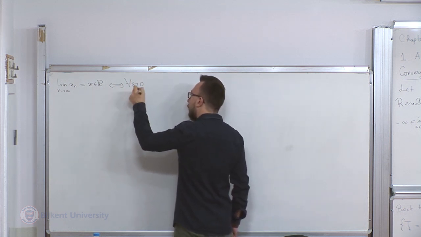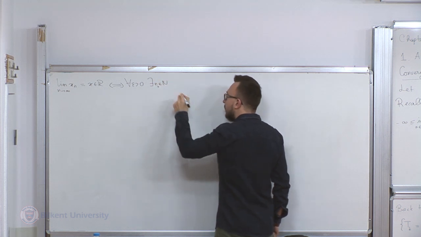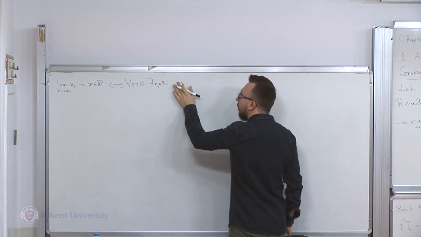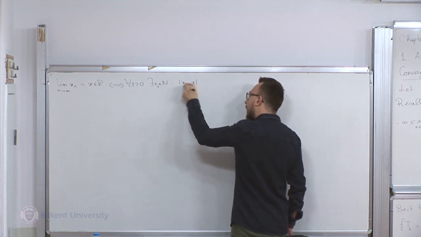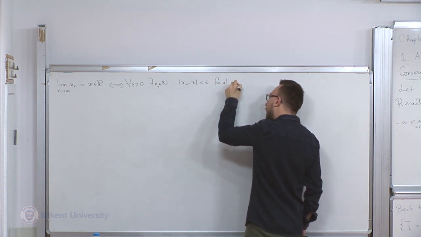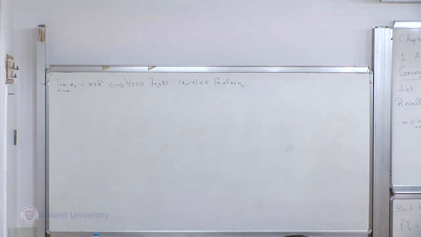For every epsilon, we have an n0, let's say, such that after n0, the difference between xn and x is less than epsilon. So for all n after index n0, the distance between xn and x is less than epsilon after index n0.